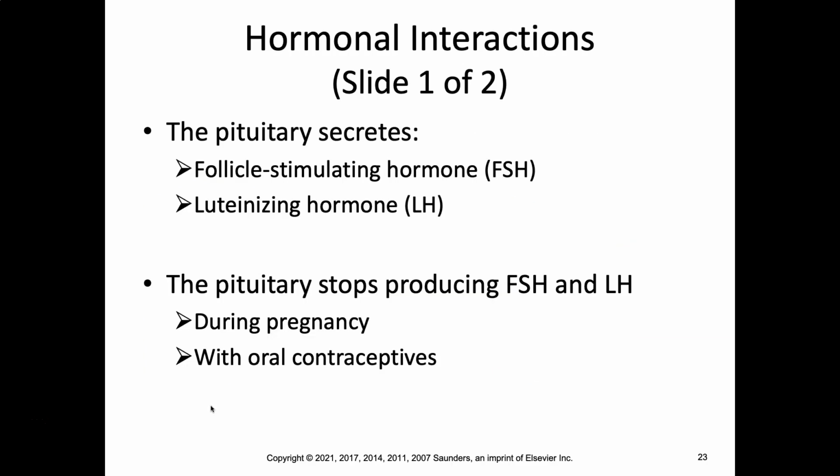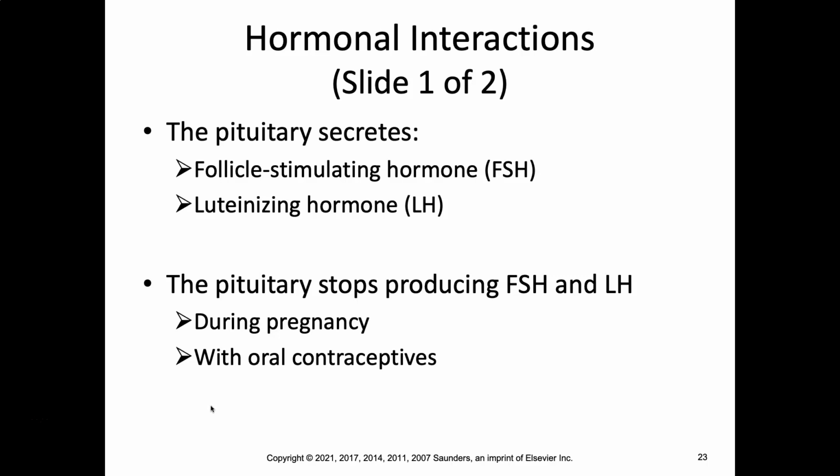So how is the pituitary gland involved in all of this? Well, guess what? There are some hormones that happen at this time. The pituitary secretes what's called FSH, follicle stimulating hormone, and luteinizing hormone. And then the pituitary stops producing those during pregnancy and with oral contraceptives.